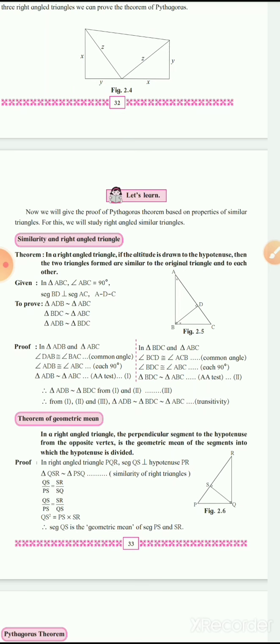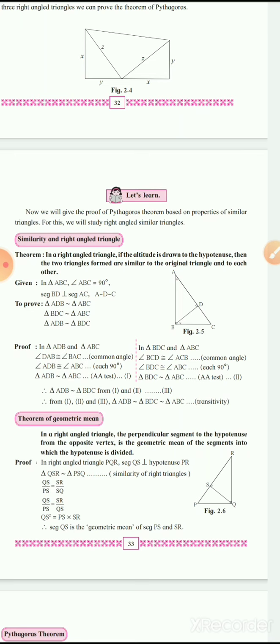Why? Because angle PQR is equal to 90 degrees. The perpendicular segment to the hypotenuse means here QS is perpendicular to hypotenuse PR. It is the geometric mean, means QS square is equal to the product of the segments into which the hypotenuse is divided, means QS square is equal to PS into SR.